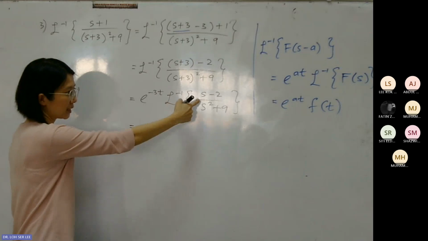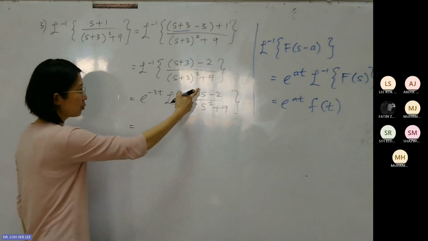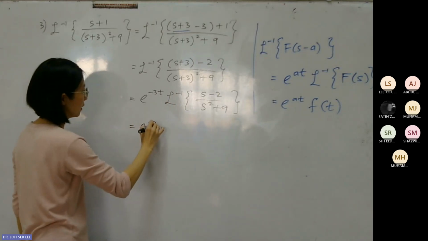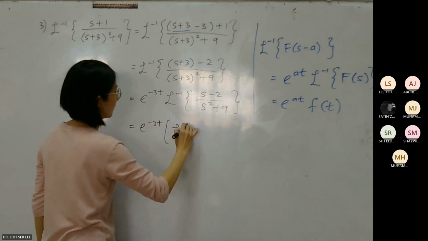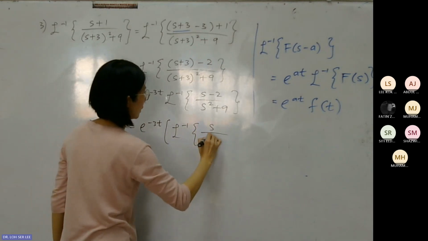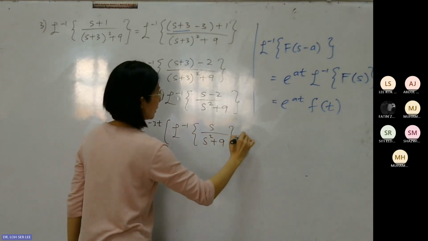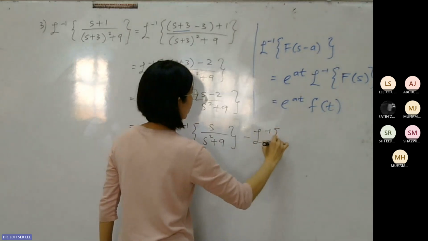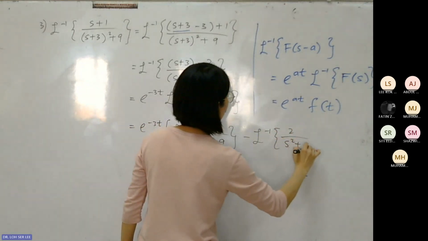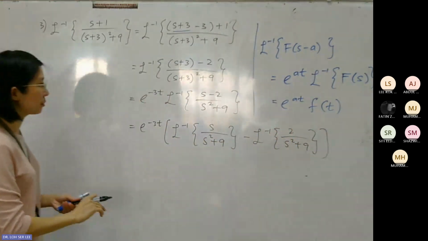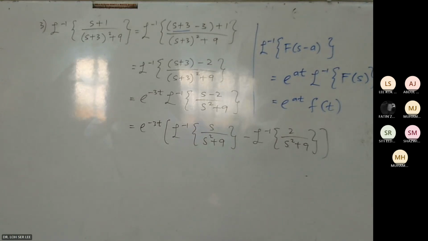So to solve this, break this into 2. One with s, one without s at the top. Then you will get the answer. s over s squared plus 9. Another one is minus inverse Laplace of 2 over s squared plus 9. Break it into 2.